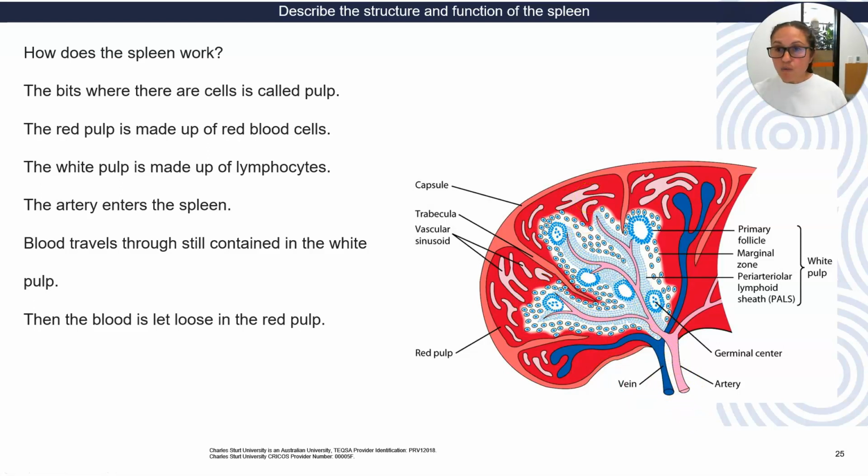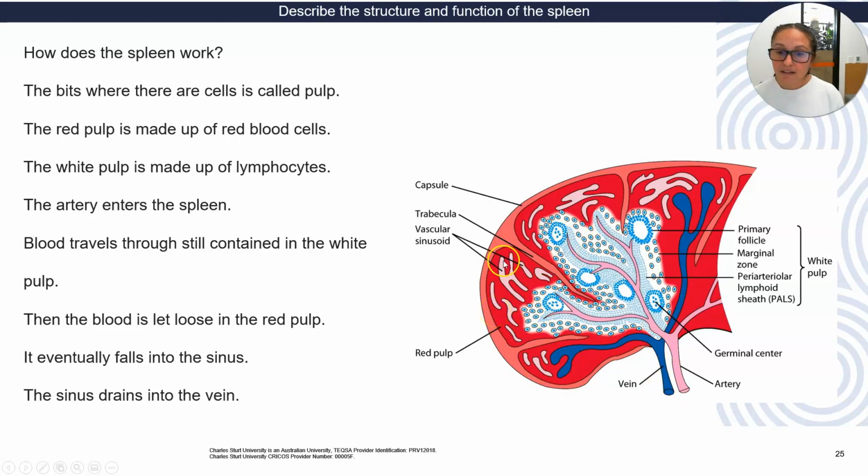And so the white blood cells in the spleen are killing anything that needs to be killed in the blood. So it's looking over, white blood cells are doing quality control over the blood. And then the blood comes back out again. How cool is that? Very, very cool.